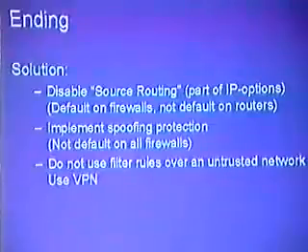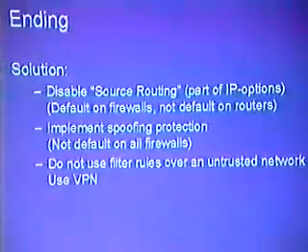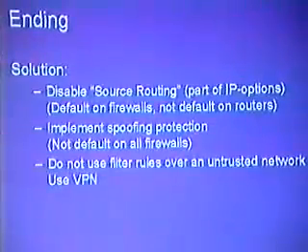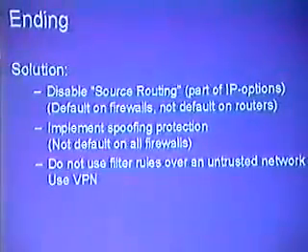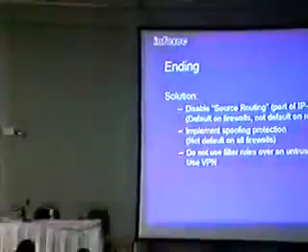If someone sends an inside IP address from the outside, I should warn and drop everything. Don't use filter rules over untrusted network. You have to understand that now, I hope. And you have to use some kind of VPN encryption. Okay? Promise me that now, okay?